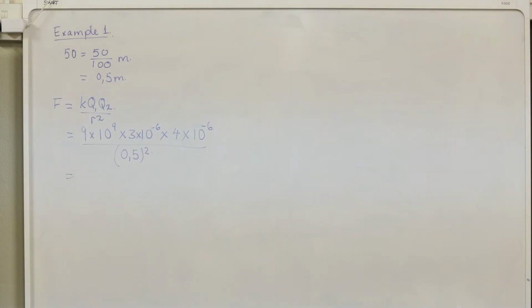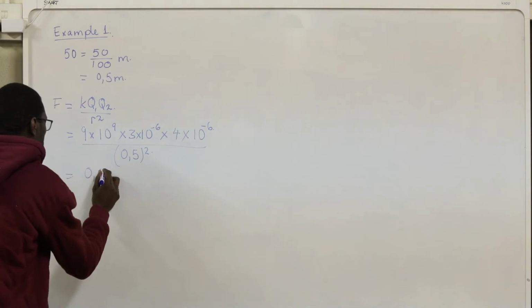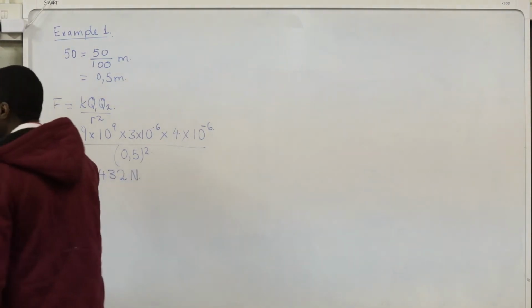Okay, divided by 0.5 squared. All right, you must come up with a final answer that's equal to 0.432 newtons. All right, 0.432 newtons.